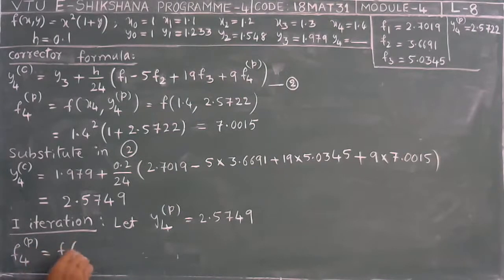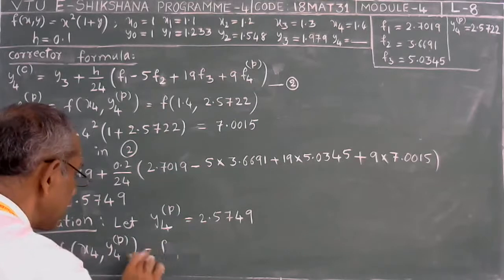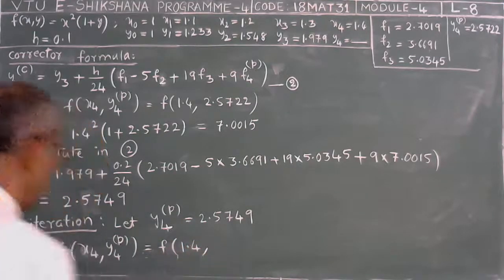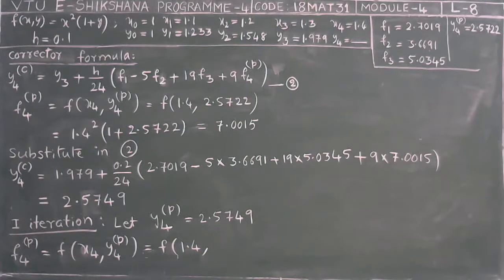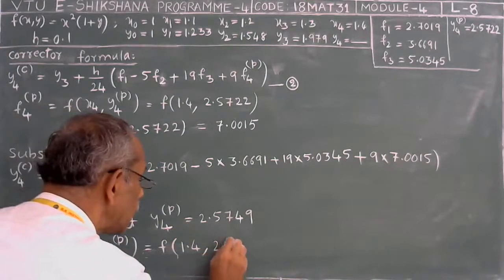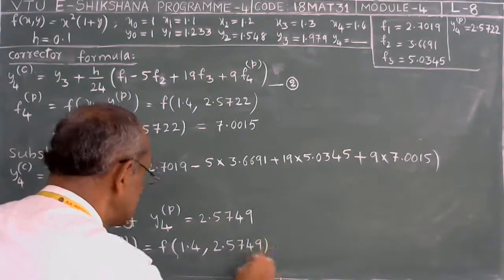So this is f of x4 comma y4p, which is f of 1.4 comma 2.5749.